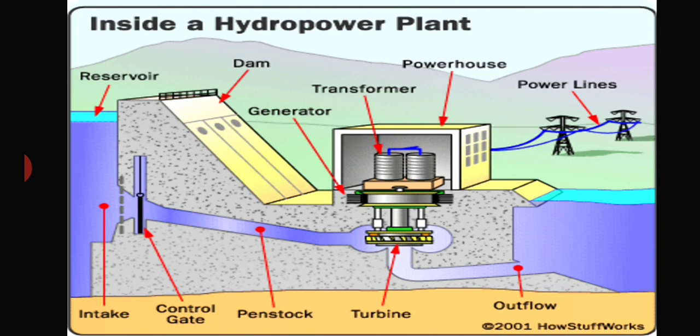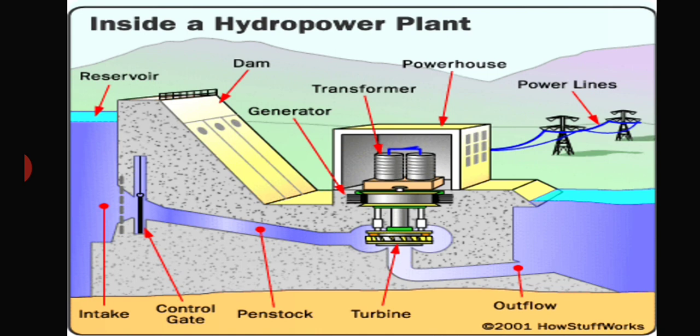For example, at the Idukki dam and other power generation dams across the state, we keep a height of something above 60 meters.